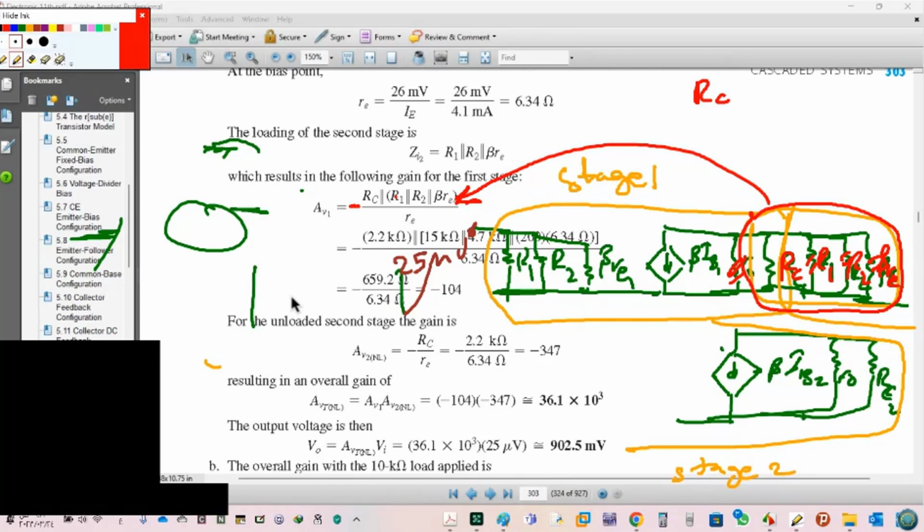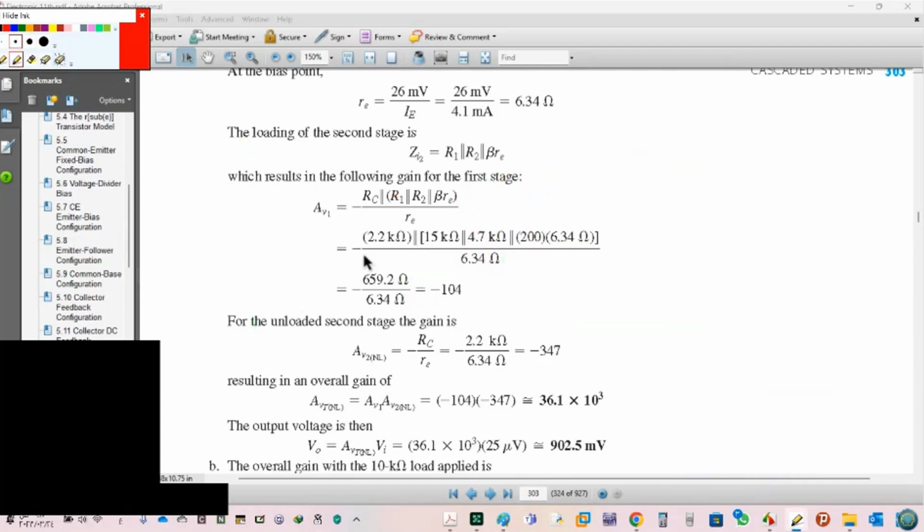Is it clear for you? From a graph, you can find the result. This is AV1. Now you can find the value from the calculator.